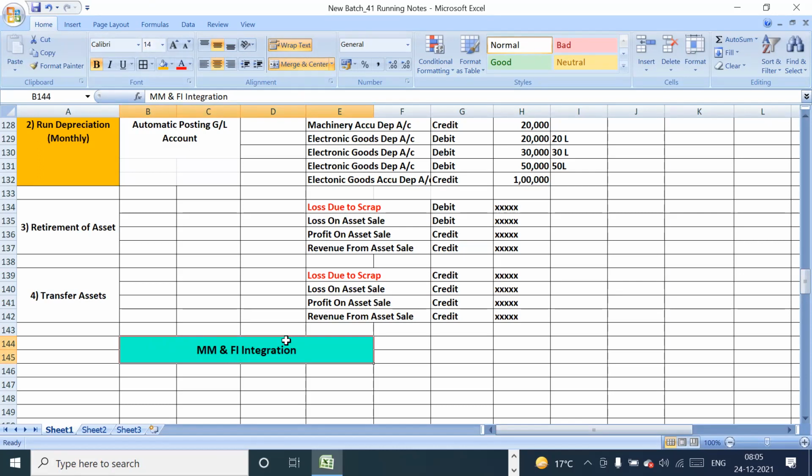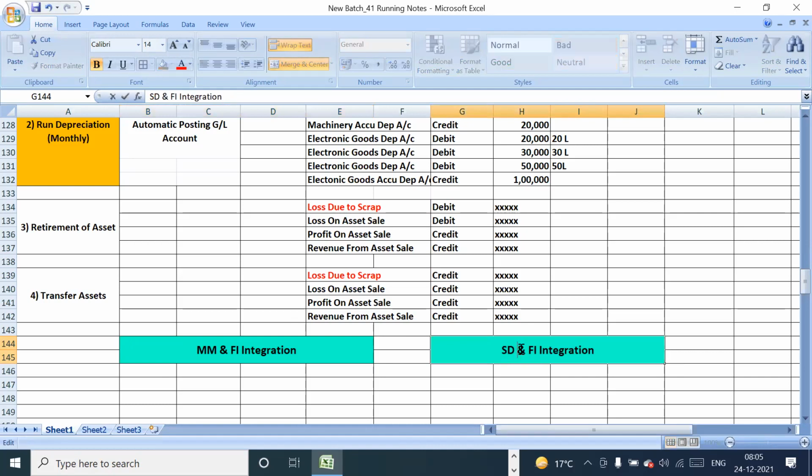cross module integration, how our finance module is going to integrate with the other modules. Similarly, we have another cross module, SD integration, because most of the purchase and sales activities will happen through the MM and SD modules.